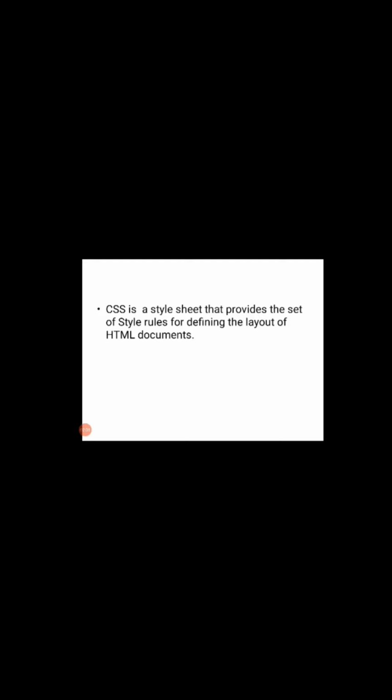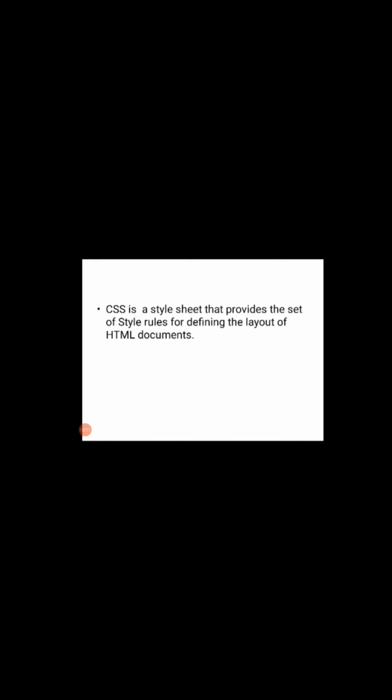Now, what are the components of DHTML? It is HTML, which we have already studied, used for creating the basic structure of web pages by using elements like paragraphs, headings, forms, tables, links. Then CSS, which is a styling language.